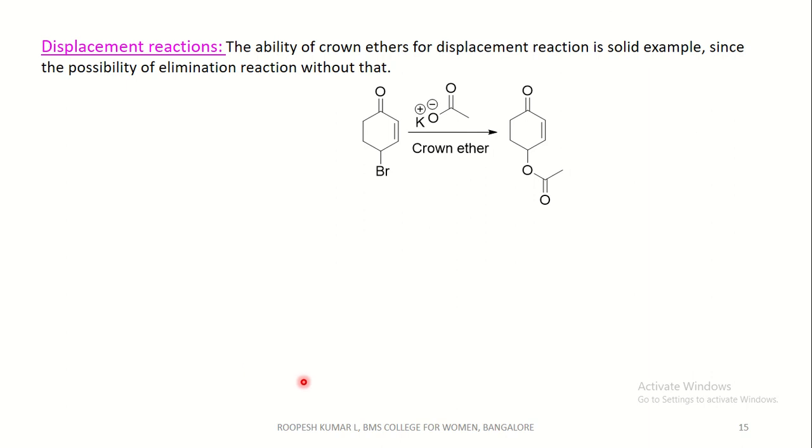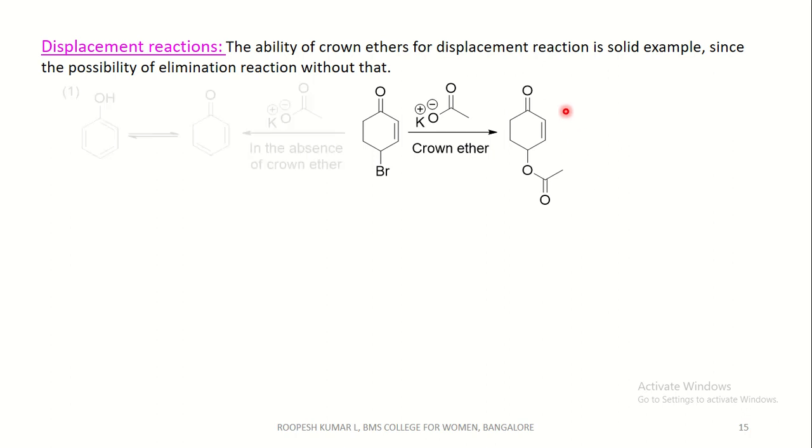You can see in the presence of a crown ether, 4-bromocyclohexanone reacts with potassium acetate here, and displacement of the bromide ion with acetate takes place. That is, this crown ether transfers this acetate ion to the organic phase, and this displaces the bromide ion by attacking here, and the bromide ion gets eliminated to form the corresponding acetate compound.